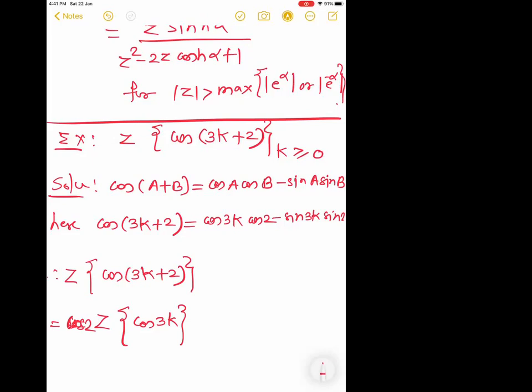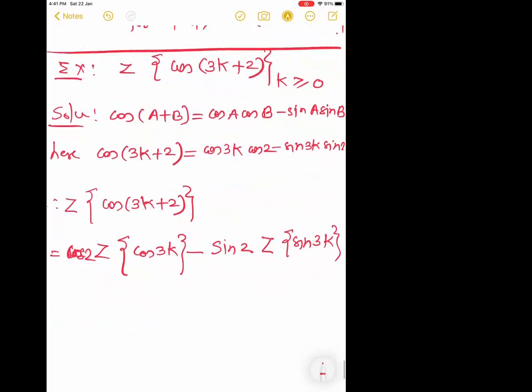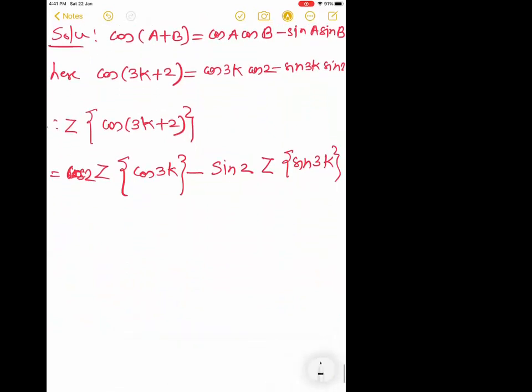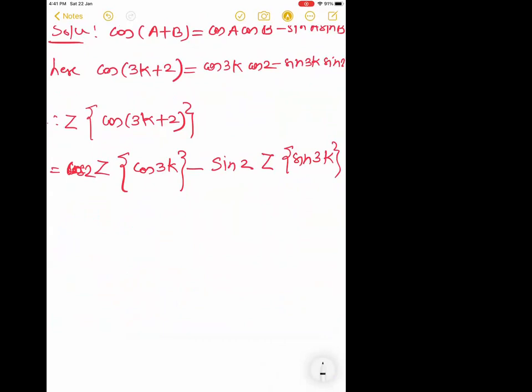So cos 3k is the sequence for which we are doing the transform, minus sine 2 is constant, times the z transform of sine 3k. Are you getting it? Yes or no? Yes, madam. And therefore here cos 2 is remaining constant. What should I write for cos 3k, the answer?